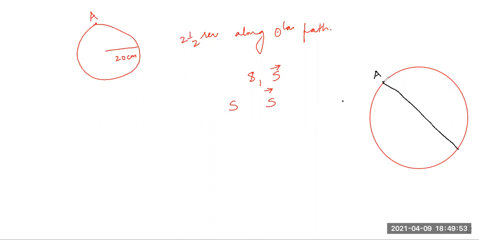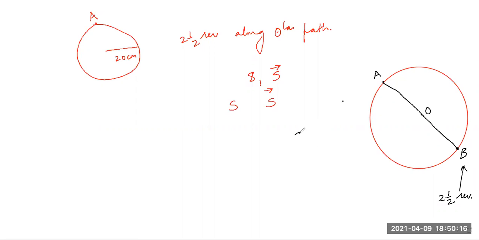He will be at B, the diametrically opposite point, right? So after completing 2.5 revolution, this is the center of the circle, he will be at B. B point is diametrically opposite to A.